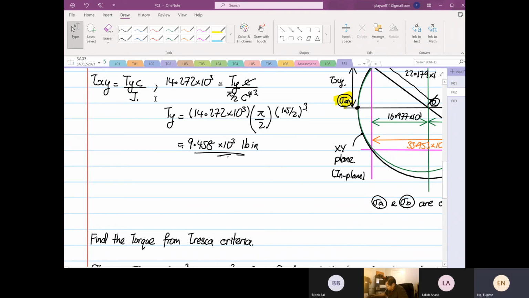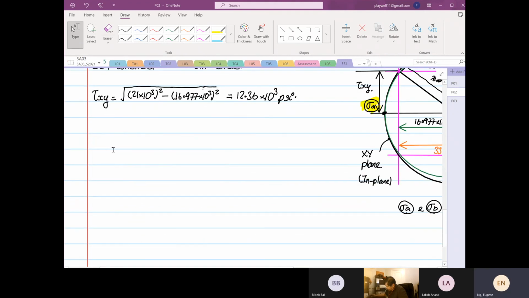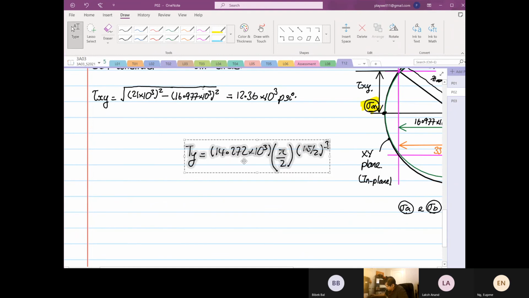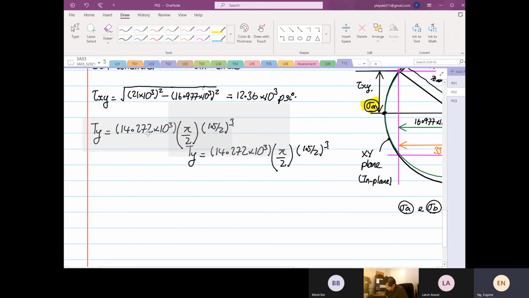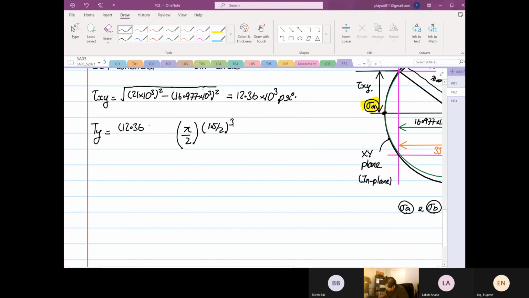So I'm just going to bring this whole thing. Only one value change. So just bring over here. So that value change is this one. So now this becomes what? 12.36 times 10 to the power 3, right?